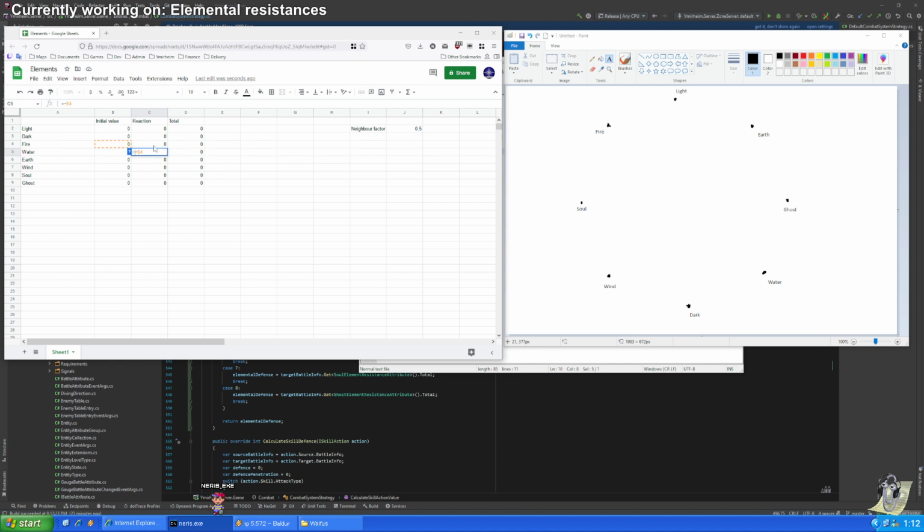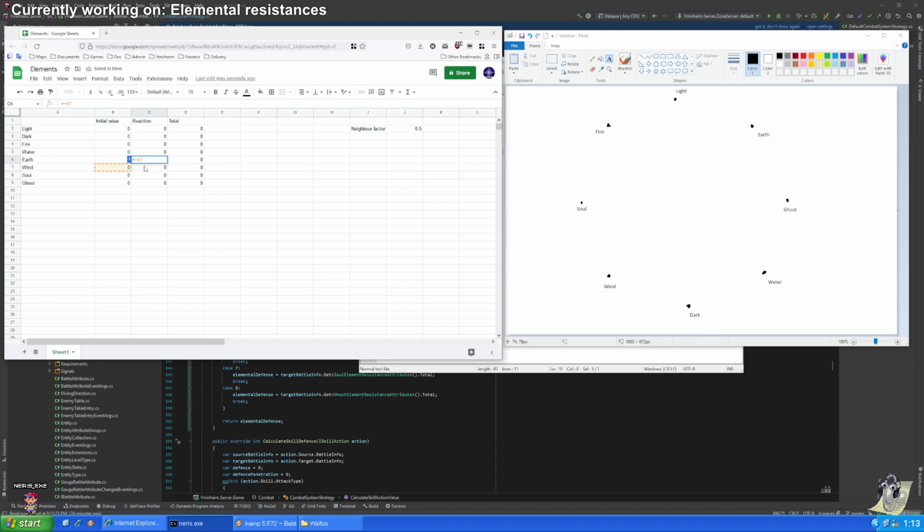Now water. Where is water? Here. So we have our dark times that plus ghost times that minus fire minus soul times that and minus light times that.